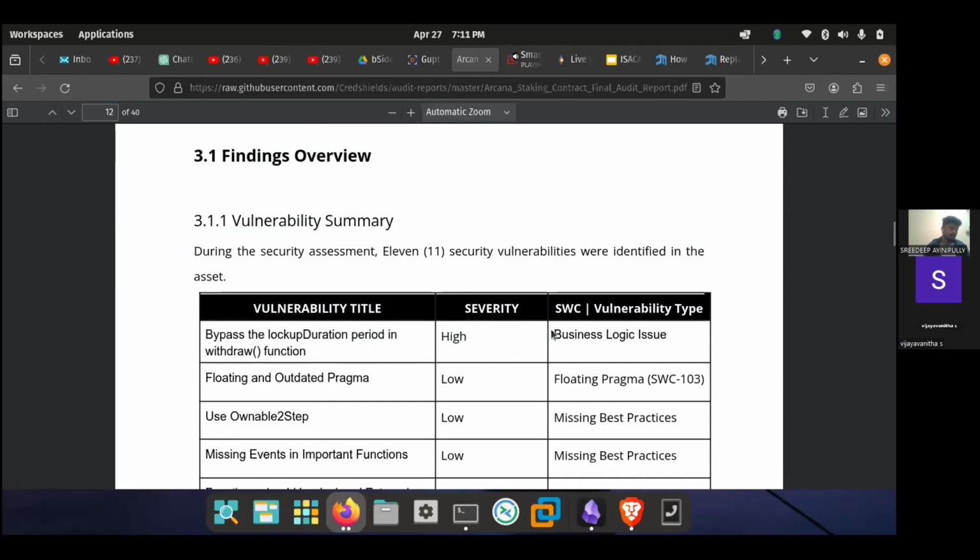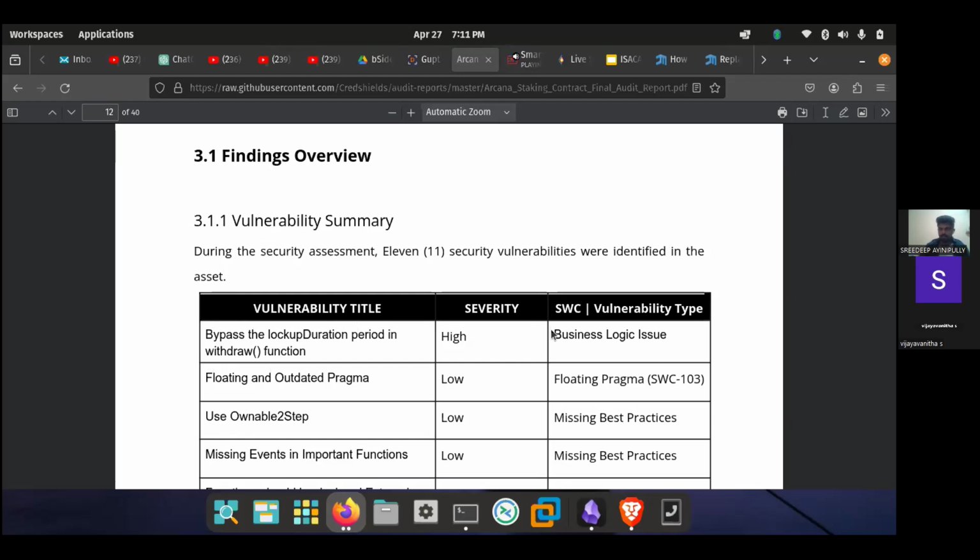Let's say, to explain this, I have an example. Let's say that we have one smart contract, and if you invest some money in the smart contract, there is a function that says you can't withdraw the money for the next 5 years.